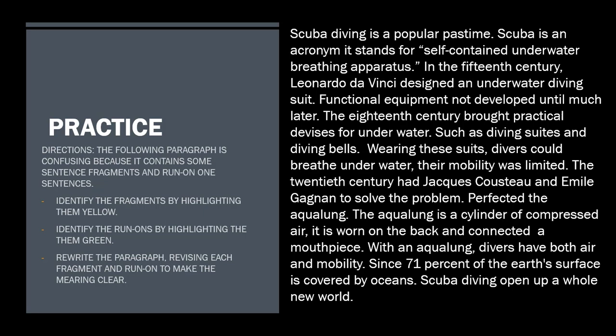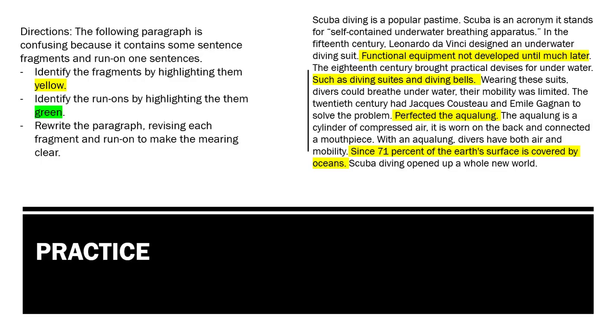All right, so we already know that it's incorrect, and it was a little difficult to read through to make sense. So first off, we're going to look at our fragments and identify those. So we have: functional equipment not developed until much later. Okay, functional equipment, what kind? Not developed until much later is describing the functional equipment.